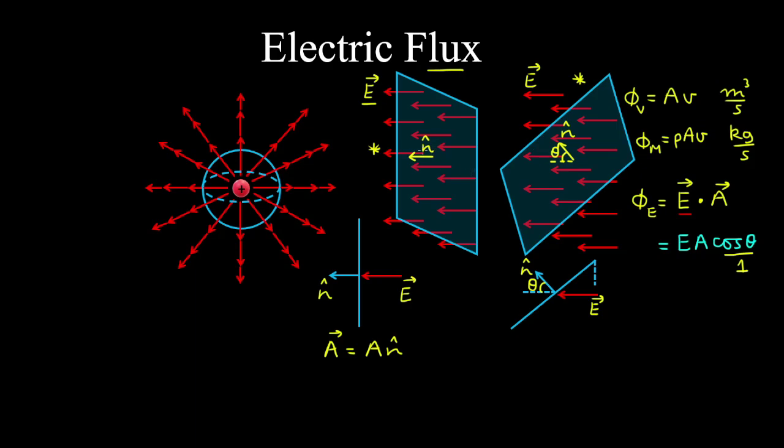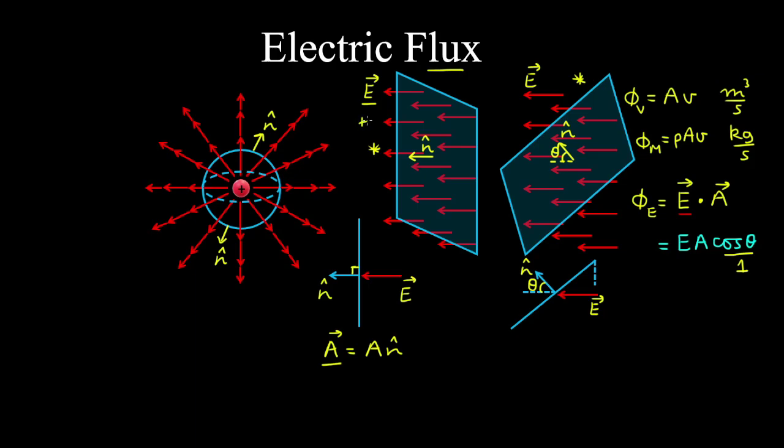So as we've seen, the direction of the area vector is perpendicular to the plane of the surface, and it points outwards from a closed surface. So for example, if we look at this spherical surface, then the area vector is going to point outwards from this surface. If we look at different parts of this surface, the sign of the flux is given by the dot product of the electric field vector and the area vector.